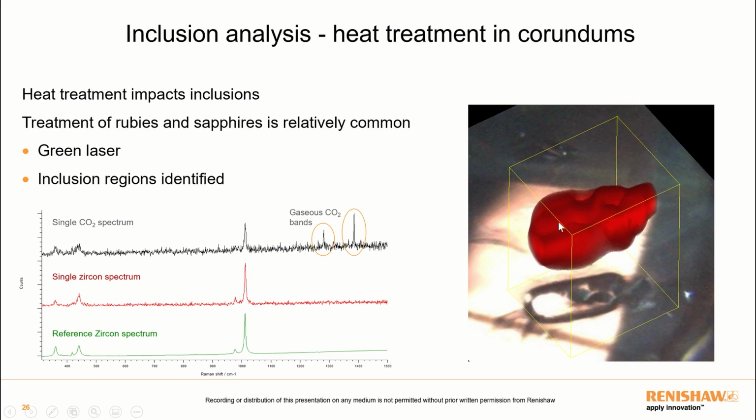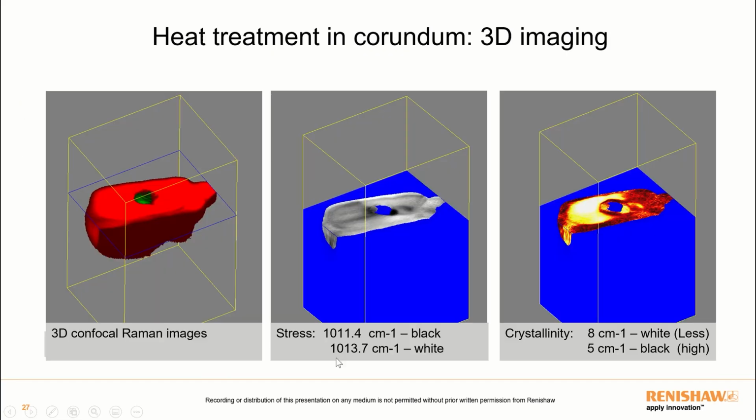In the region of the bubble, 2 additional bands were present, and this falls in the frequency specific for gaseous carbon dioxide. Once we have the 3D image, we can also study sections of the image, simply changing the section plane at different heights.